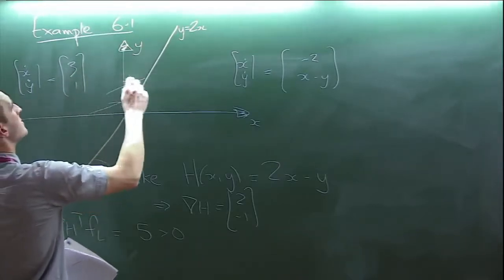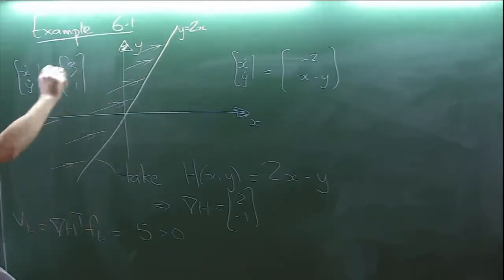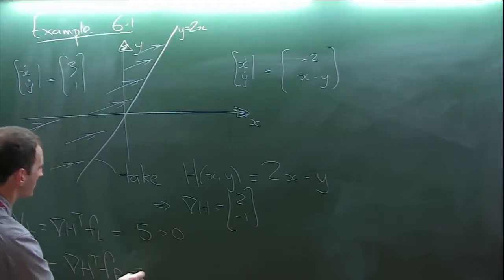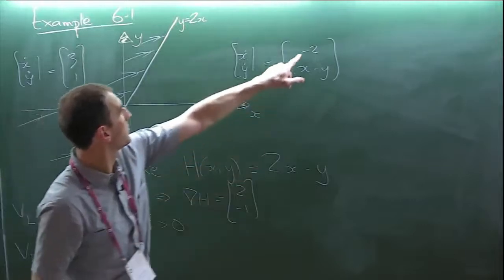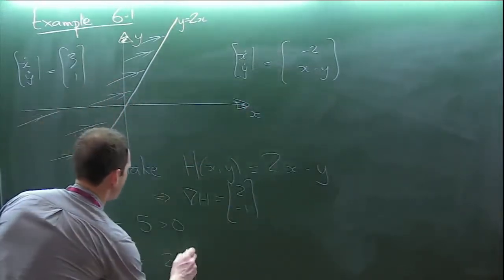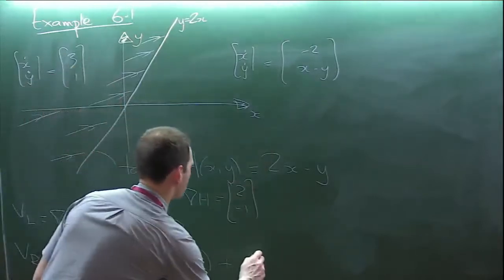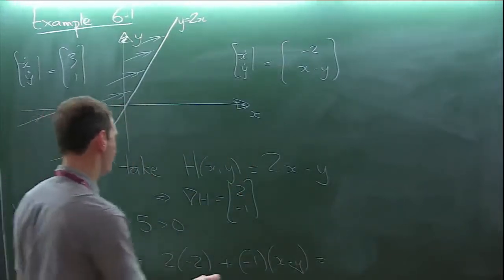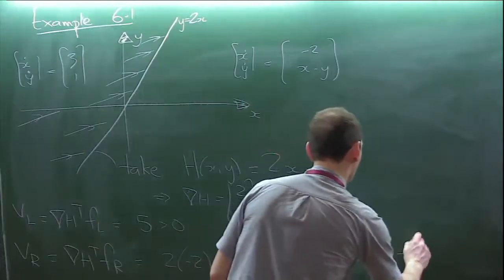My vector field looks like that. VR, so I've got 2 times minus 2, and then minus 1 times x minus y. And what's that? Minus x plus y.